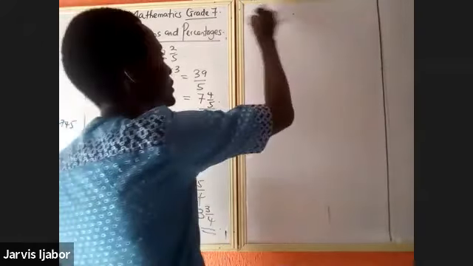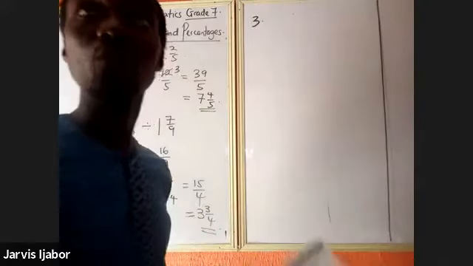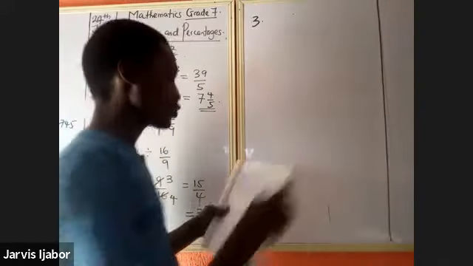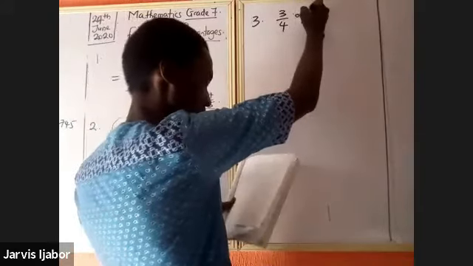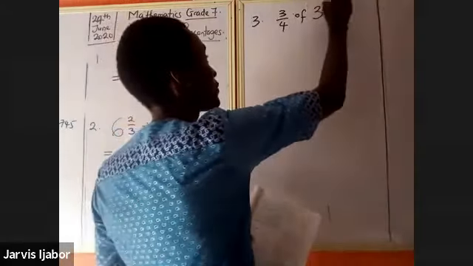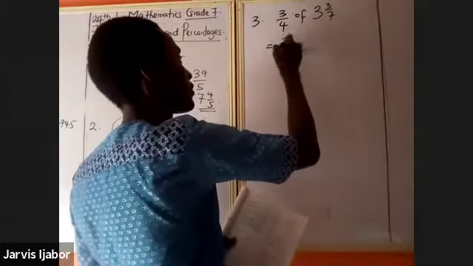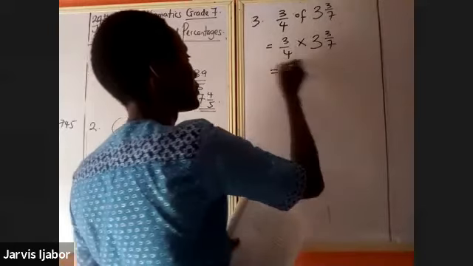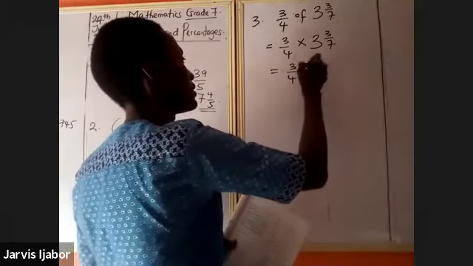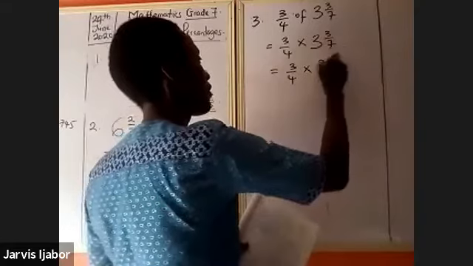So question 3, that's a word problem there. You have your textbook, so you have seen that. So this will be 3/4 of 3 whole number 3/7. This will be equal to 3/4 times 3 whole number 3/7, which will be equal to 3/4 times 24/7.